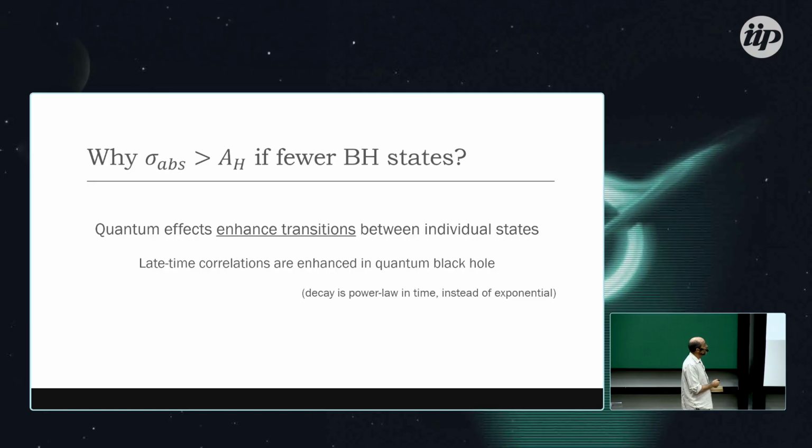And it turns out that quantum effects enhance the transitions between individual states, and they can enhance them a lot. So even if you have fewer individual states, they are more efficient at absorbing radiation, and this is what is behind this result.